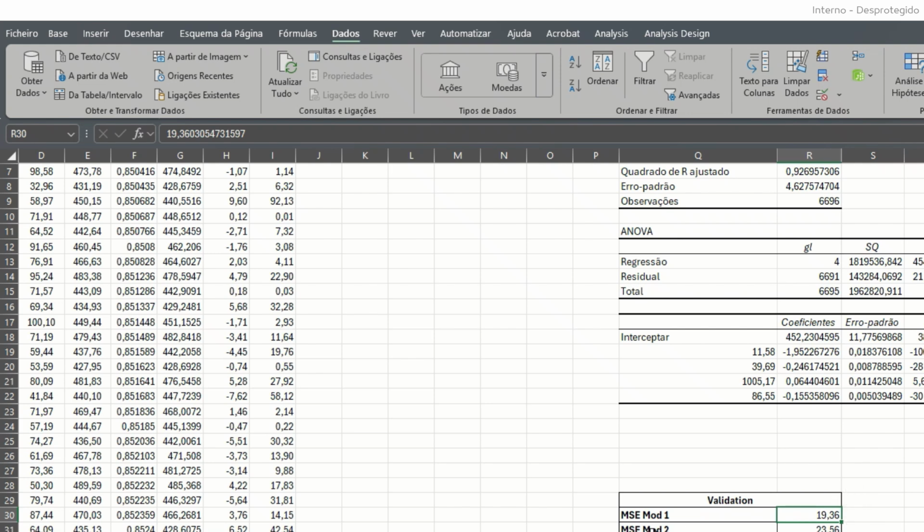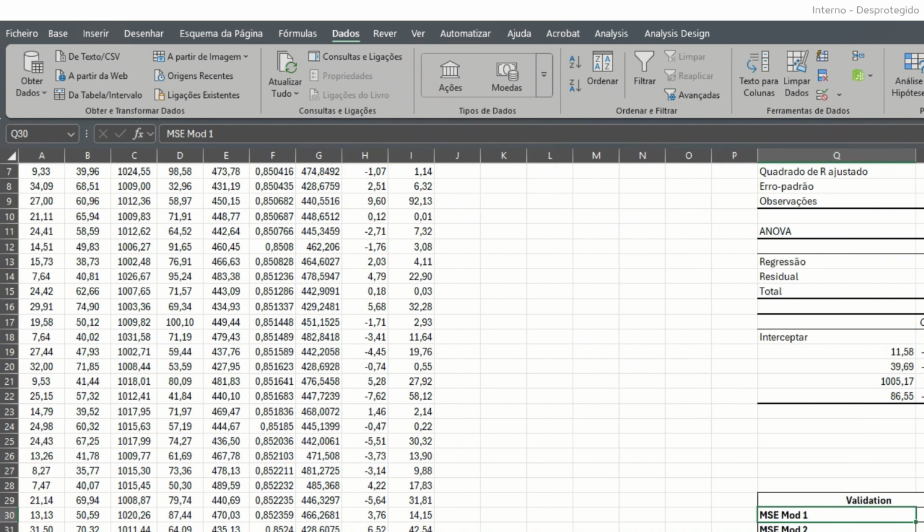For the regression model 2 it is 23.56, so we chose model 1 as the most adjusted to this project.